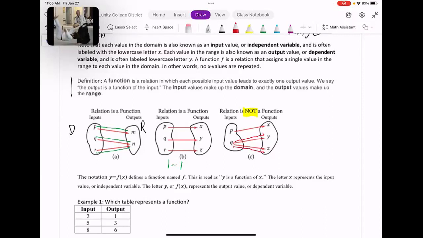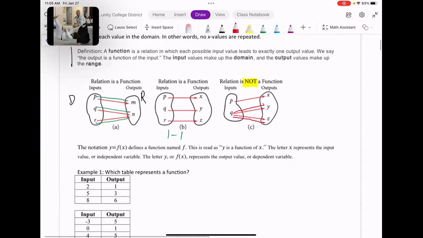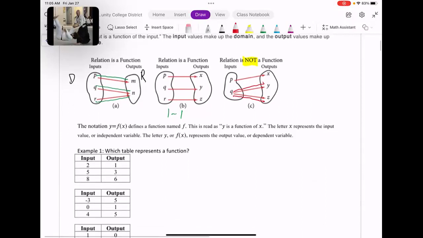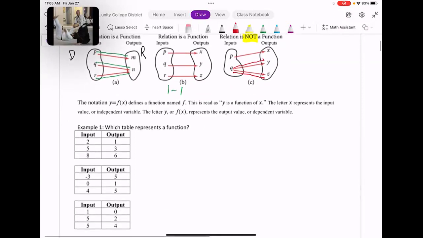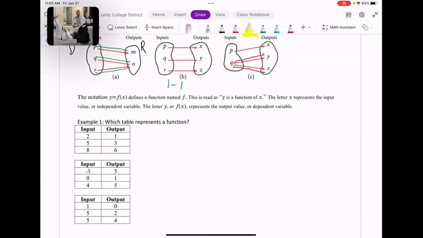One x value can't map to two different y values, or one domain value cannot map to two different range values and be a function. We often use this notation here, y equals f of x, and we say y is a function of x. And x again represents the domain or input value or independent variable, and y represents the f of x, which is the output or dependent variable.